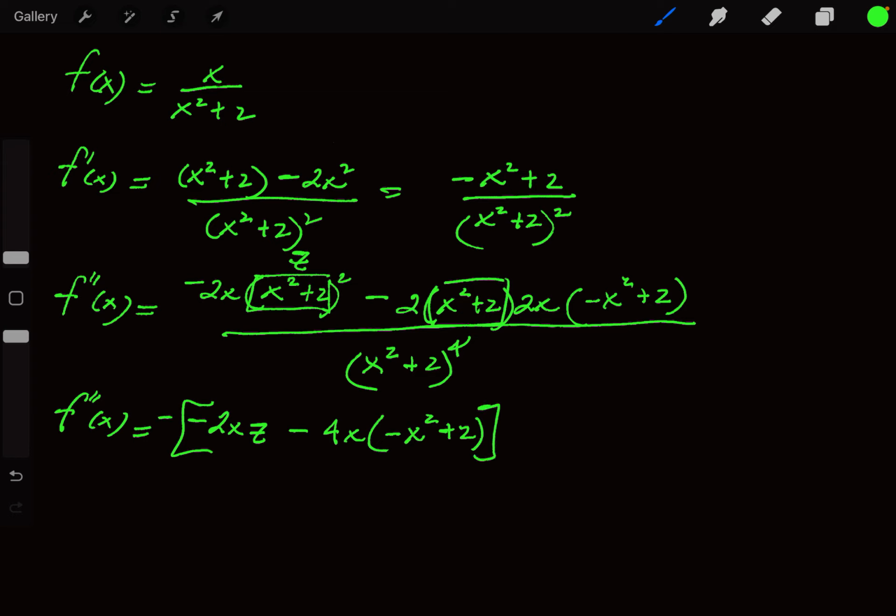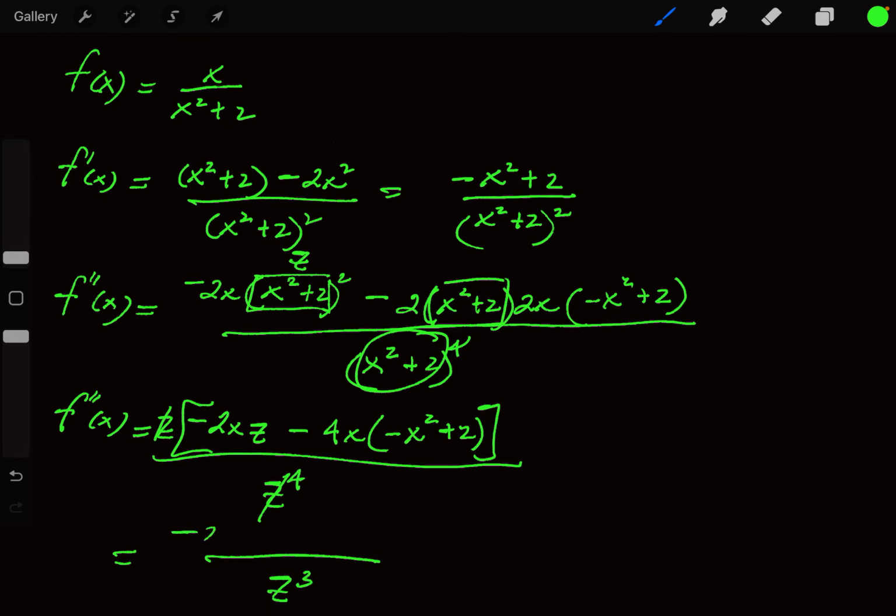And then the z is on the outside. And then this, again, is z, so it's z to the fourth. And then this z and this z cancel, and I'm left with a z cubed. And then this becomes negative 2xz minus 4x times negative x squared plus 2, which is f double prime of x.